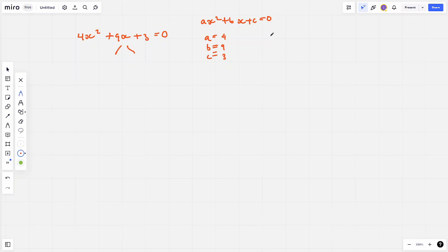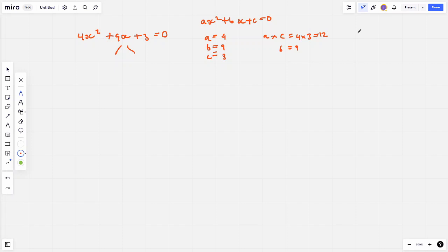When you multiply them, they should equal a times c, and when you add them, they should equal b. So a times c equals 4 times 3, and that's 12. But when you add the two numbers, they should equal b, which is 9. So two numbers, when you times them, should equal 12, and when you add them, should equal 9.